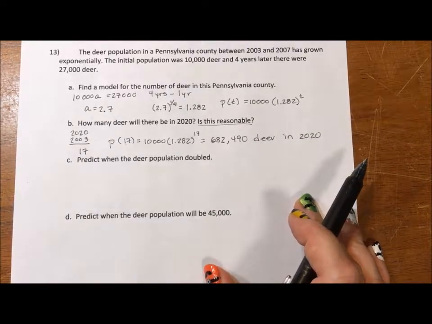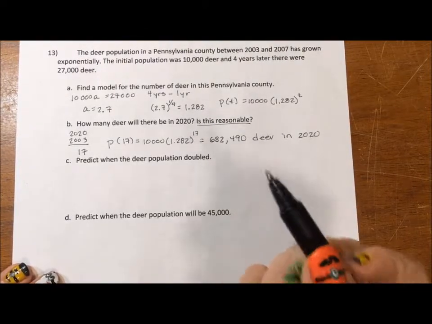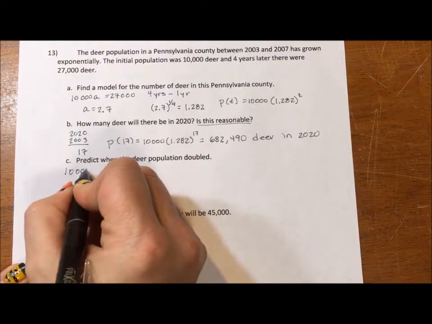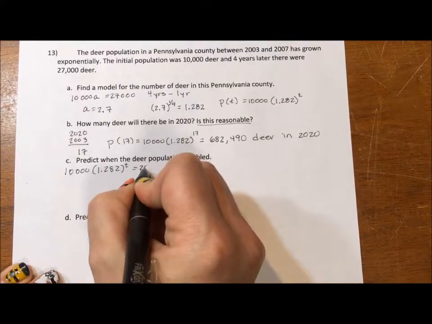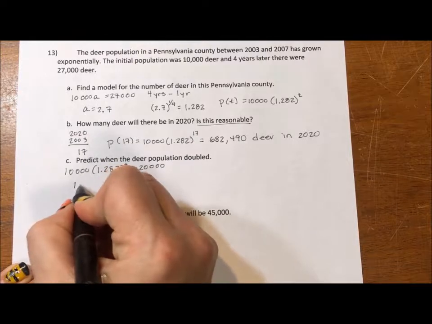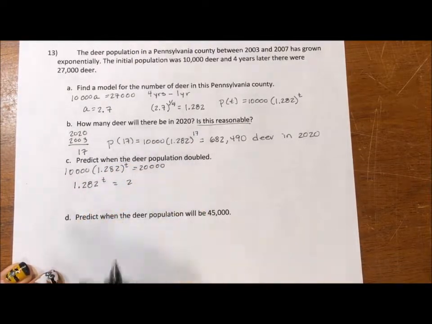It says predict when the deer population is doubled. So we want to know when the 10,000 became 20,000. We want to know when 10,000 times 1.282 to the t becomes 20,000. When we divide by 10,000, we get 1.282 to the t equals 2. Here's the thing.